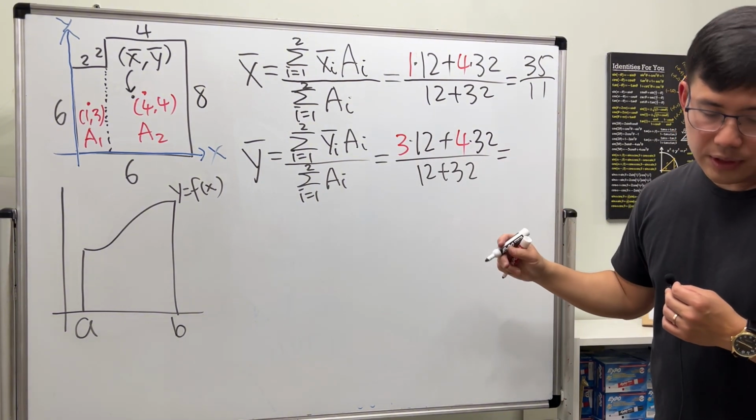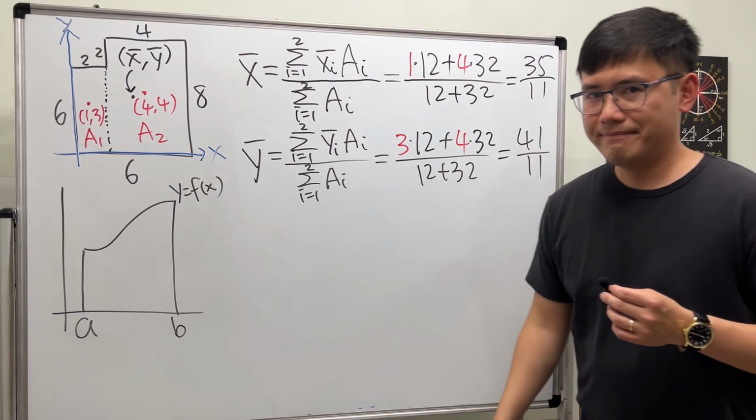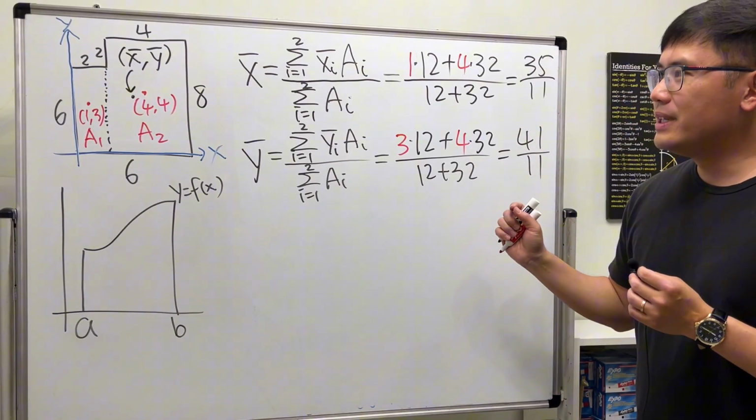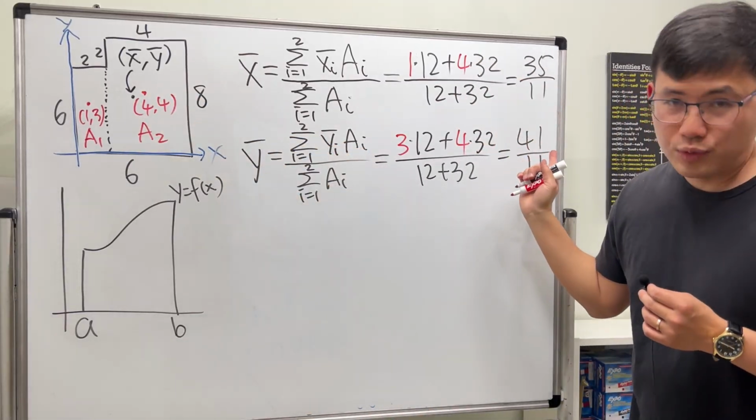And if you work this out, we will get 41 over 11, which is a little bit less than 4. So that's why I put it down right there. This is about 3.72.